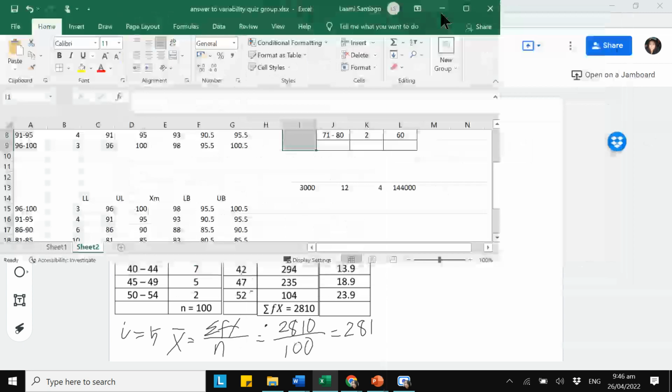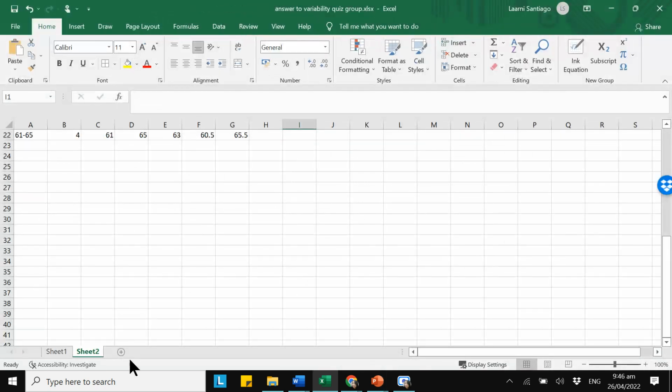So if you're going to use Excel, gawa tayo ng panibagong tab.